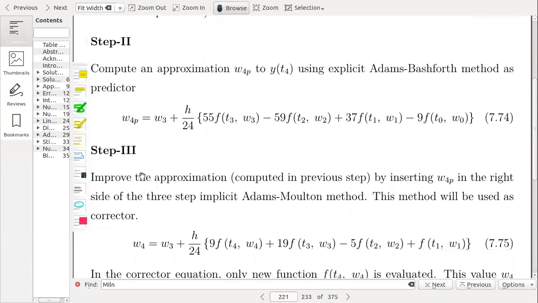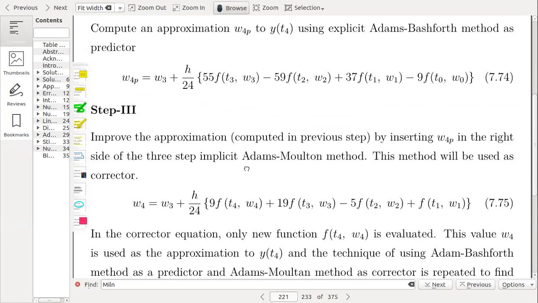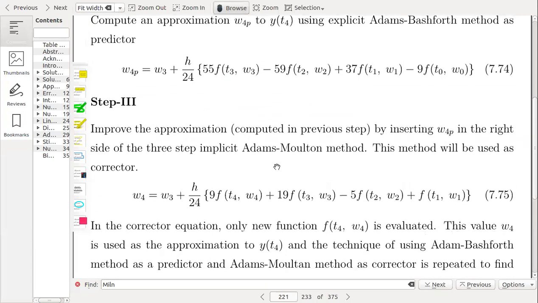Step 3, improve the approximation. In step 3, we improve the approximation obtained in step 2 by inserting W4P in the right side of the 3-step implicit Adams-Moulton method. This method will be used as the corrector.